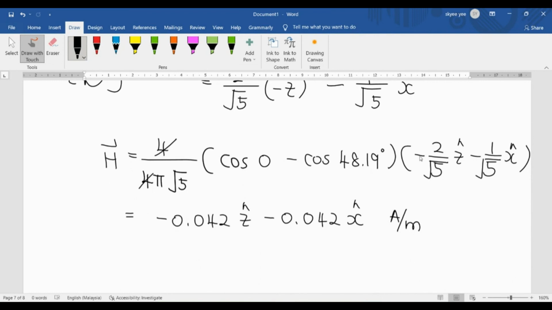No. How come same? Let me calculate again. Cos 0 minus cos 48.19.